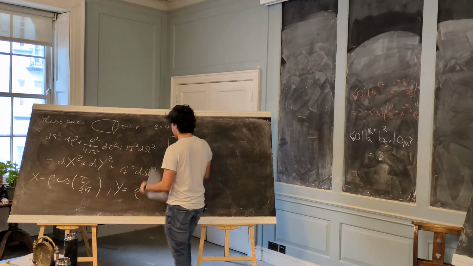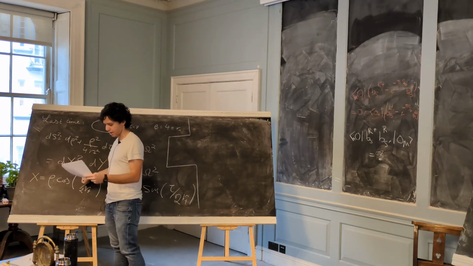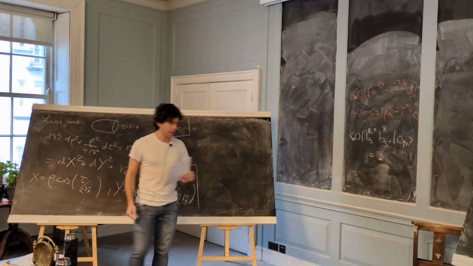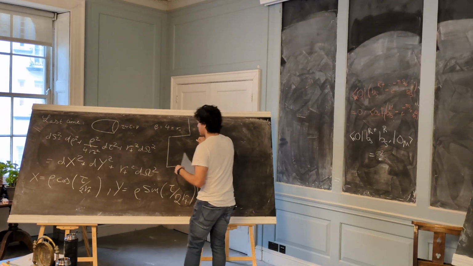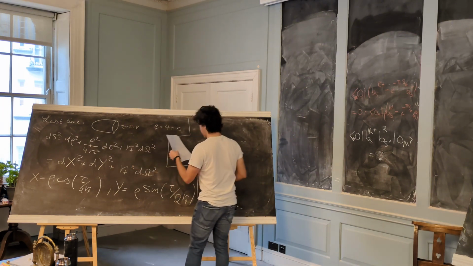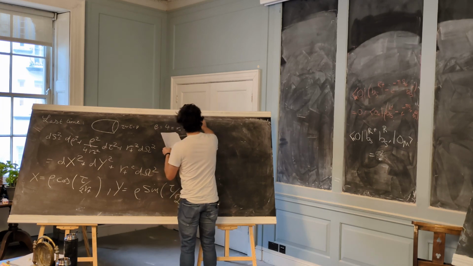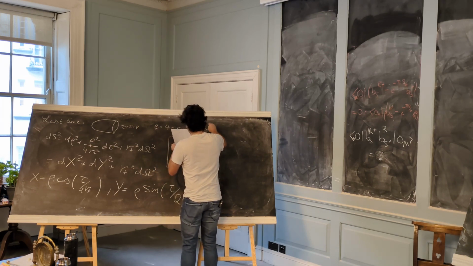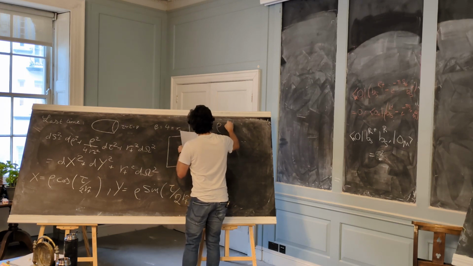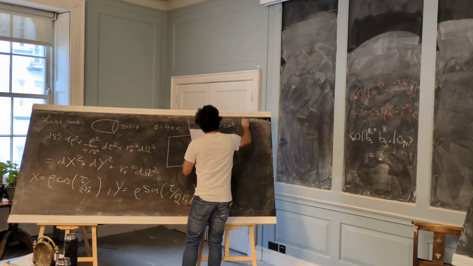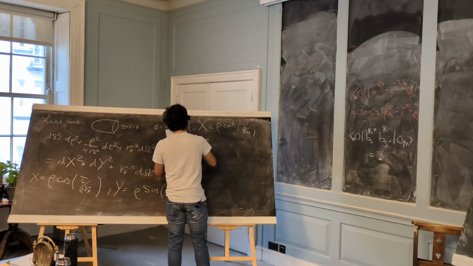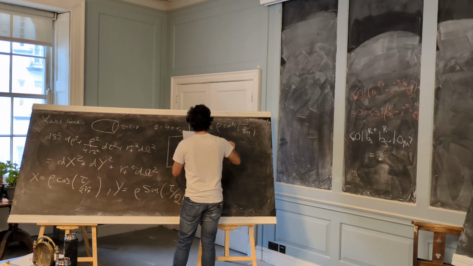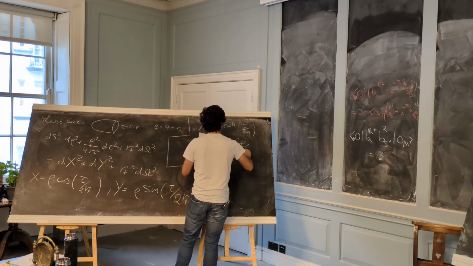So Lorentzian signature means I take tau to i t and Y to i capital T. So in my new Lorentzian coordinates, I have X equal to rho cosh(t over 2 r plus), and capital T is rho sinh(t over 2 r plus).